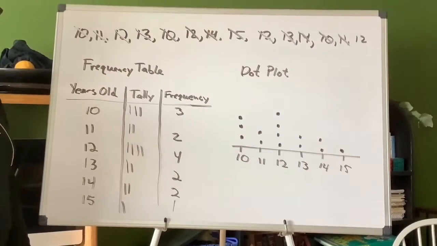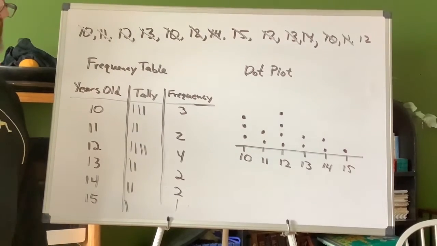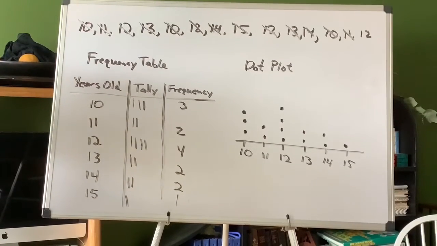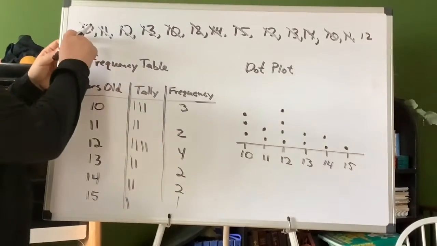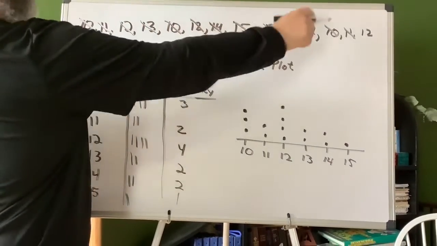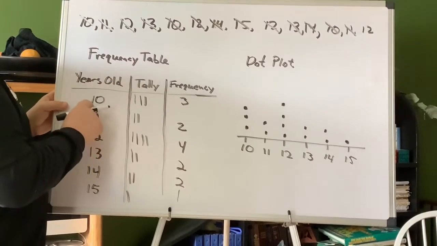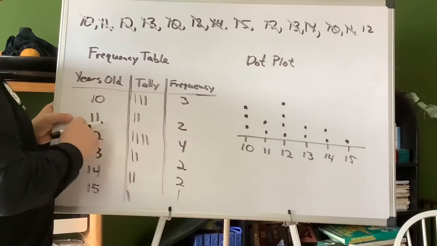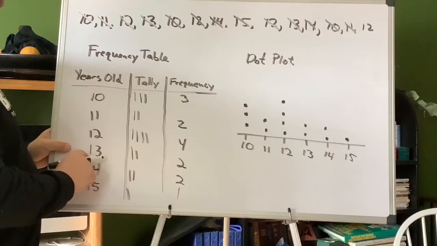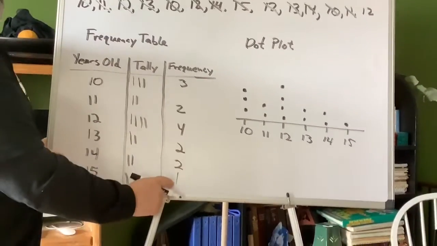Now, off of this, you should be able to find the mean, the median, and the mode off of all of this data. So let me just do that real quick. For the mean, all we have to do is add all of these up: 10 plus 11 plus 12 plus 13 plus 10, add those up. The other thing I could do is say 10 times 3 plus 11 times 2 plus 12 times 4 plus 13 times 2 plus 14 times 2 plus 15 times 1.